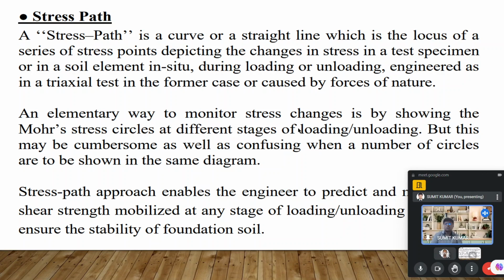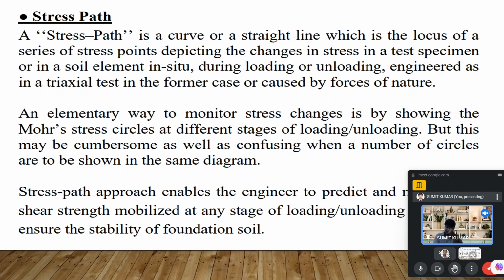So when I say the things get changed, what do I mean by this statement? When we apply the value of sigma 3, we get some deviator stress. When we apply sigma 3 dash, we get another sigma 1 value. After that, we apply sigma 3 double dash, we get another sigma 1 value.